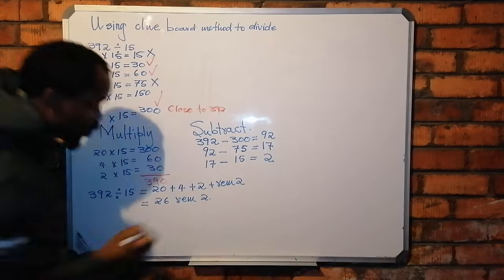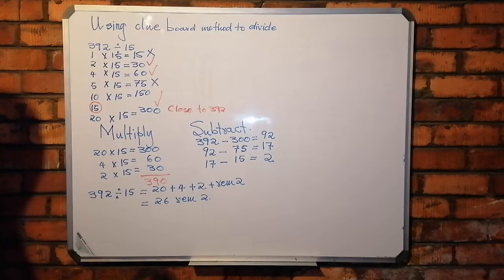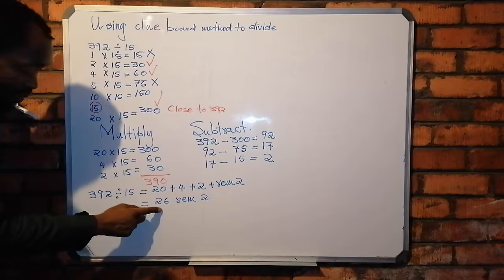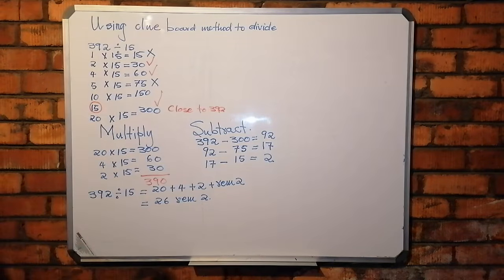Remainder 2. Now, listen to what I'm going to do now. Very important. I now take this one, 26. I multiply it by 15.